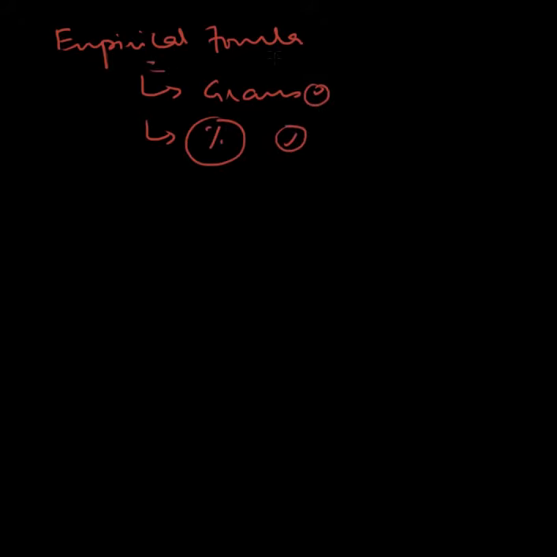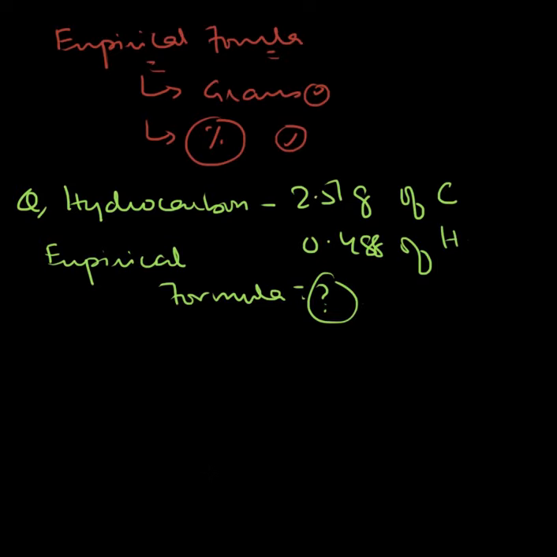Now a hydrocarbon contains 2.51 grams of carbon and 0.48 grams of hydrogen. We are not sure which type of hydrocarbon it is, but we have to calculate the empirical formula. We have to follow some procedure, right?